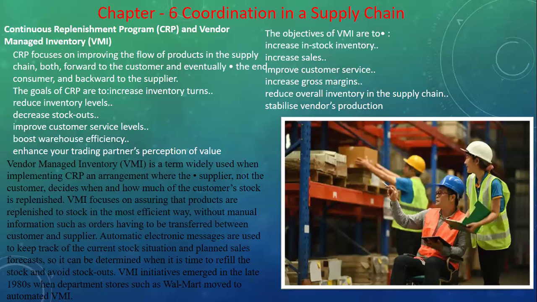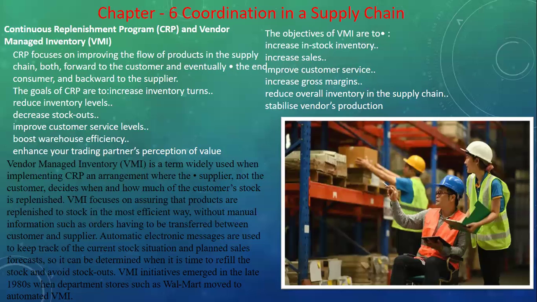With the help of the Continuous Replenishment Program, the production of the product will be done on time, so the full supply chain flow of the product will be maintained, both forward to the customer and eventually the consumer, and backward to the supplier. There are three steps: first, finished goods forward to the customer, then the consumer, then backward to the supplier. If there is any problem, we can go backward to the supplier.